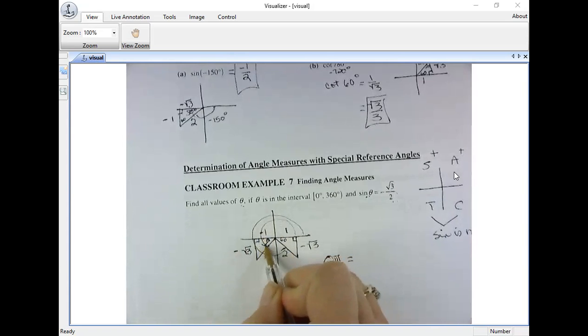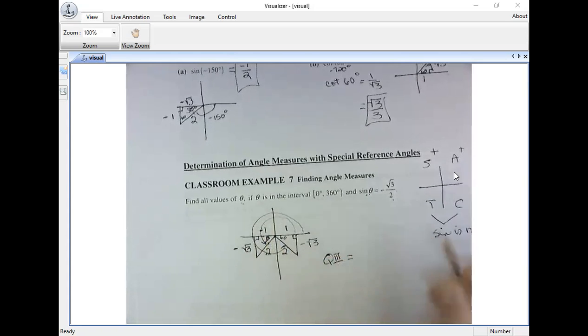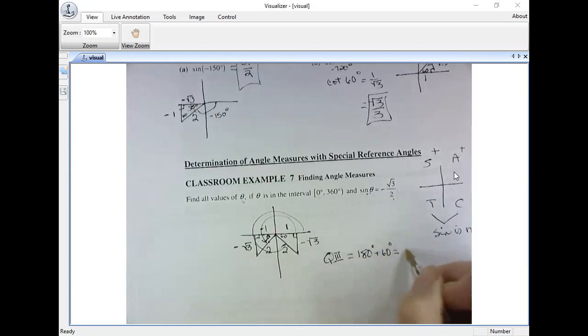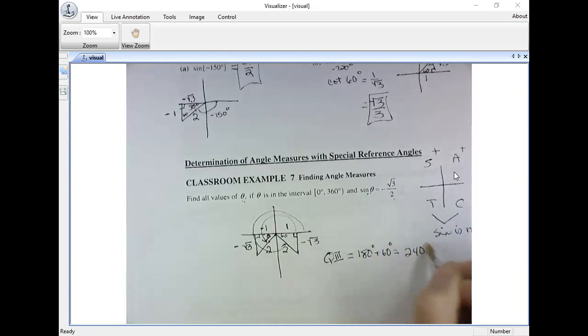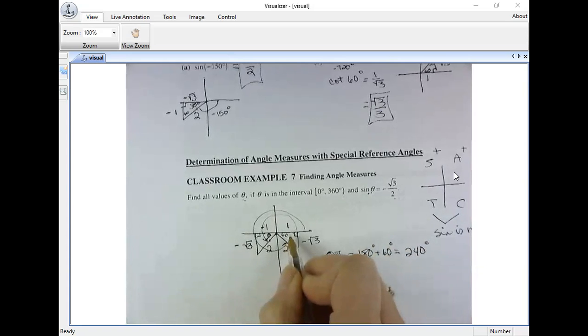180 plus how many more degrees? 30. What angle was right here? That was a 60-degree angle, wasn't it? So that would be 180 plus 60, which is 240. Now, the one that's in quadrant 4, how do I figure this one out?